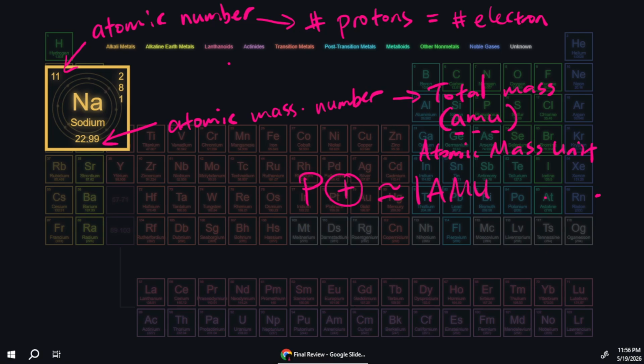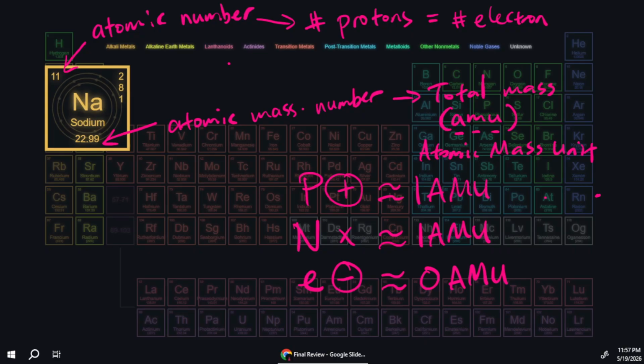And for neutrons, it has no charge, and it has approximately 1 AMU. Okay, and electrons is the one that has negative charge, that has approximately 0 AMU. It does have a mass, but it's so light we can ignore it.